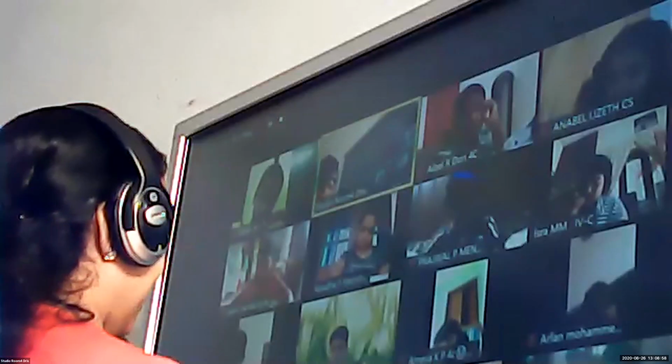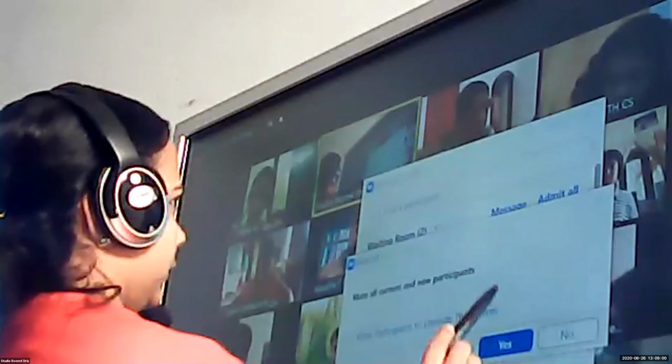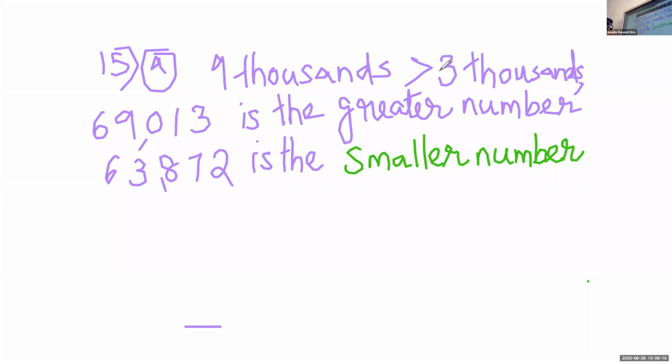Very good. So we can complete that. So question number 15A we have written, and like that question number B, we are writing. We are comparing. Isra told all the steps.